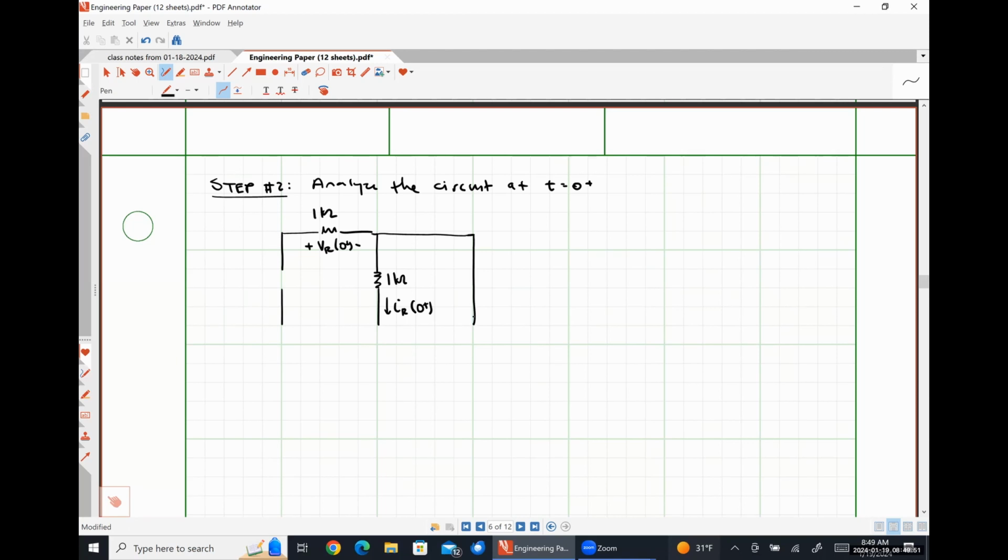So our switch now looks like a short circuit. Here's a 1 kilo ohm resistor, 1 kilo ohm resistor, 1 milliamp.